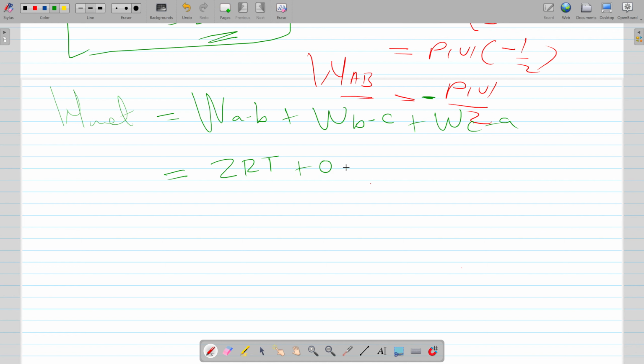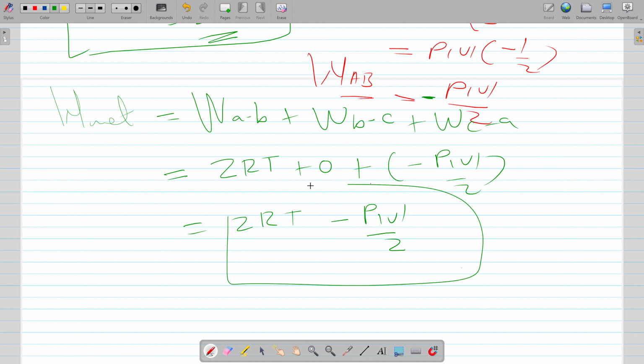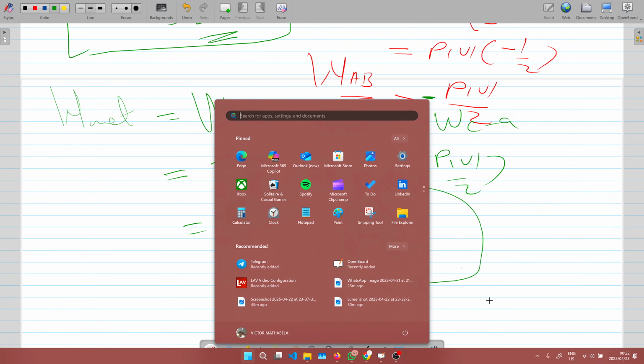This one does 0 work, and then this one does minus P1V1 divided by 2. So we're going to have 2RT minus P1V1 divided by 2. So this is our net work done. We can substitute this and this, but we don't have values for this, so I'm going to leave it like this. Let's hope this one's correct.